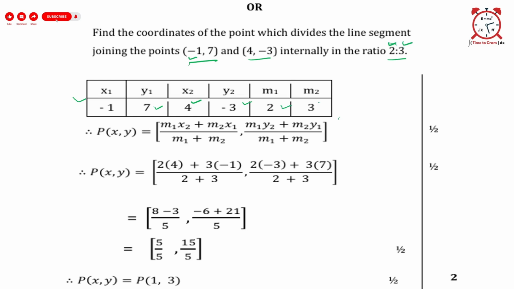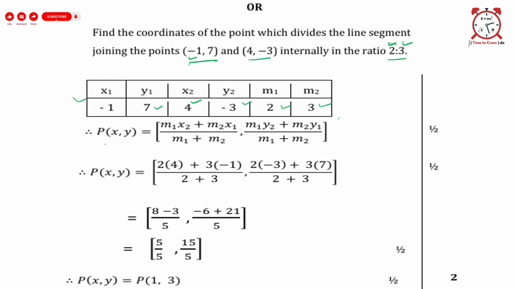So all the things we will write here very nicely, then we will put the values in the formula appropriately. So again the formula is there. Again look, formula. In the beginning of the video we have paid more attention to the formula. If we know the formula, we can solve any sum from the question paper.